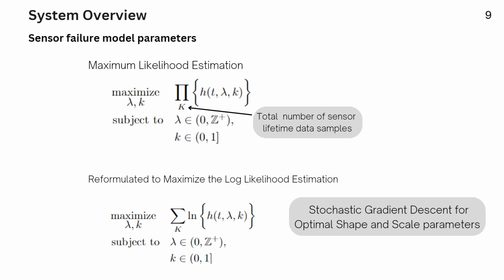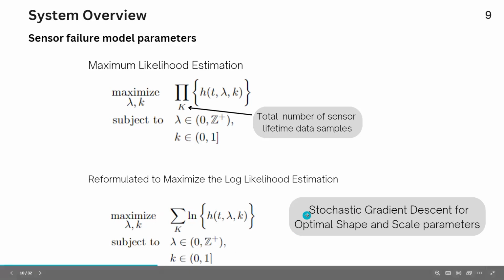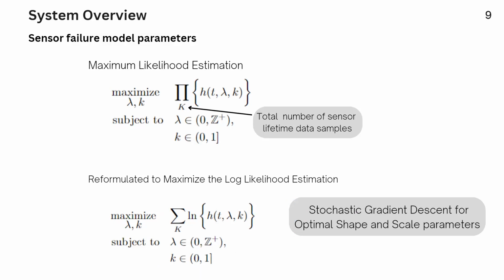And in order to obtain efficiency in the system, I try to select new sensors if there are sensors that are going to fail in the next minute. So this optimization algorithm was used to select the best sensors and replace the current sensors.